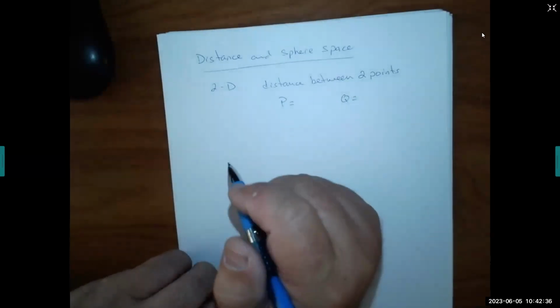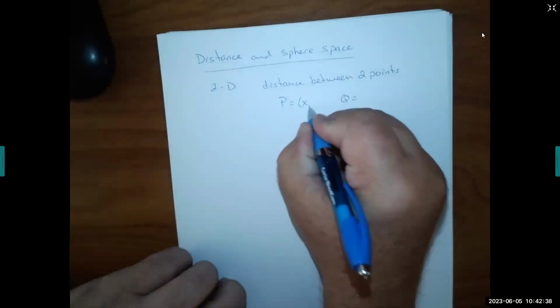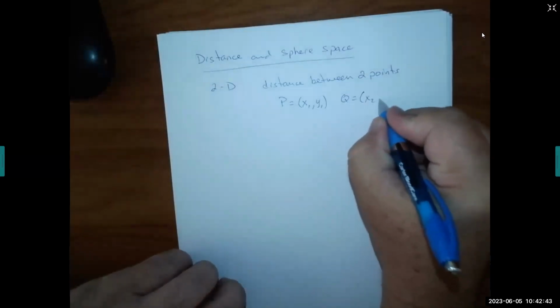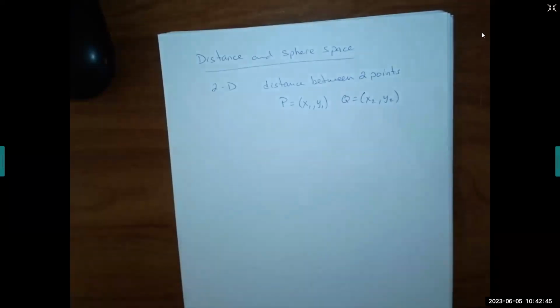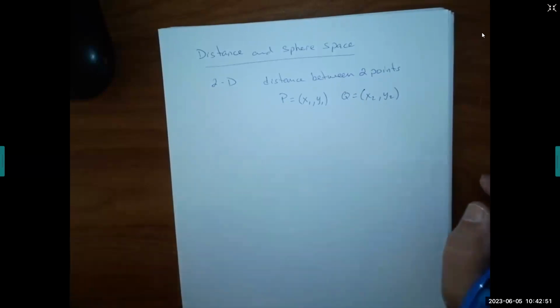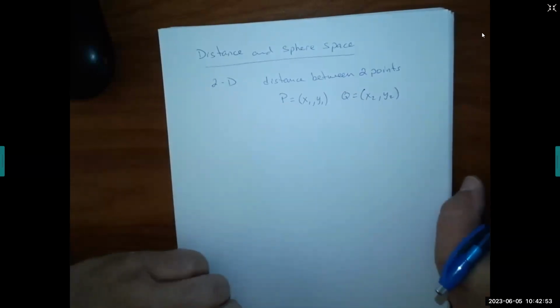If you have 2 points in a 2D world, this is made up of an x1, y1. This is made up of an x2, y2. So how do we find the distance between those 2 points? What's the formula I use?